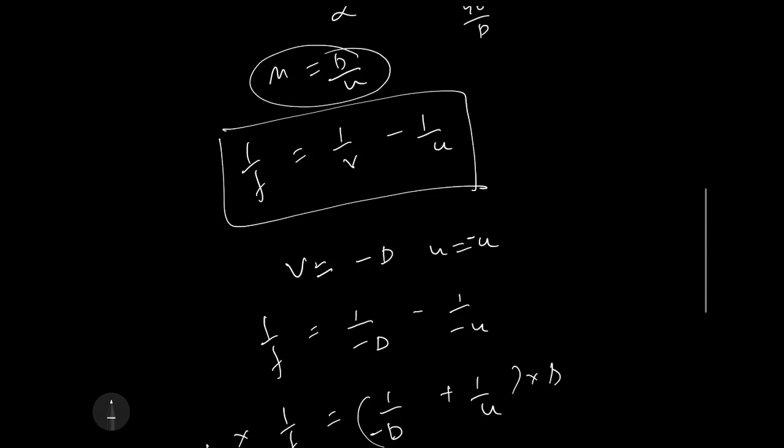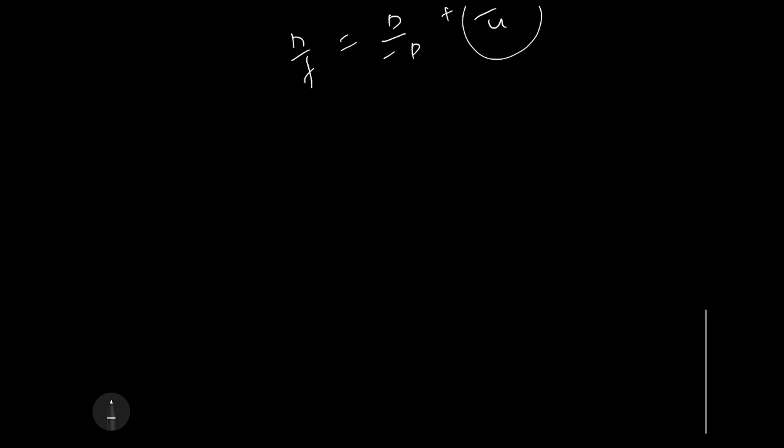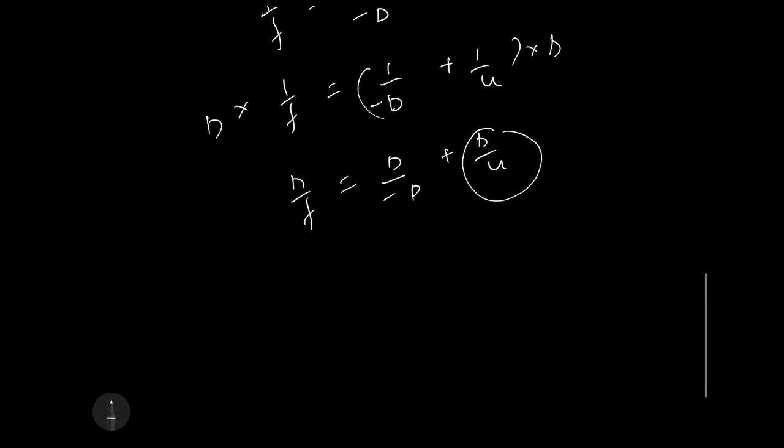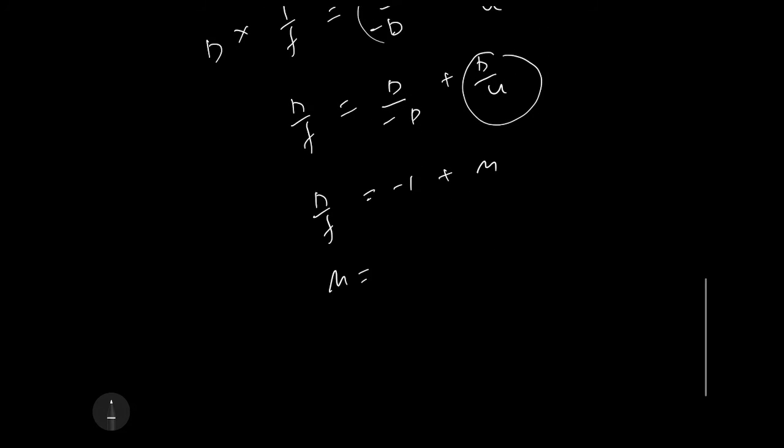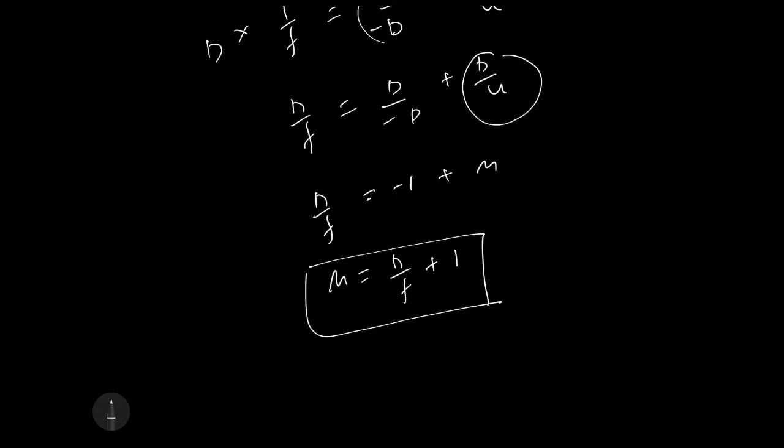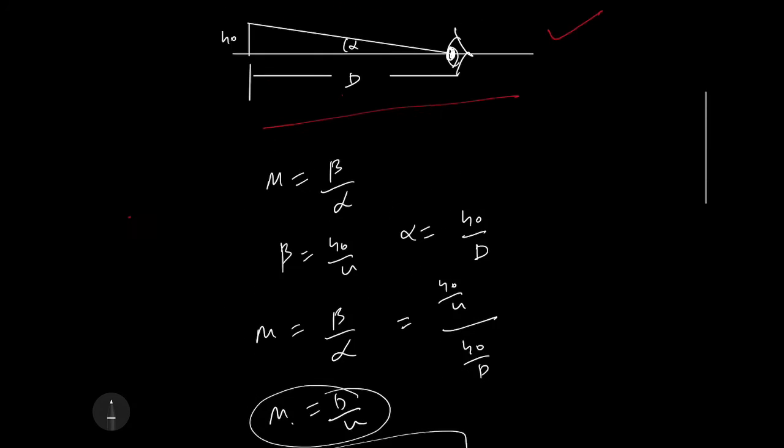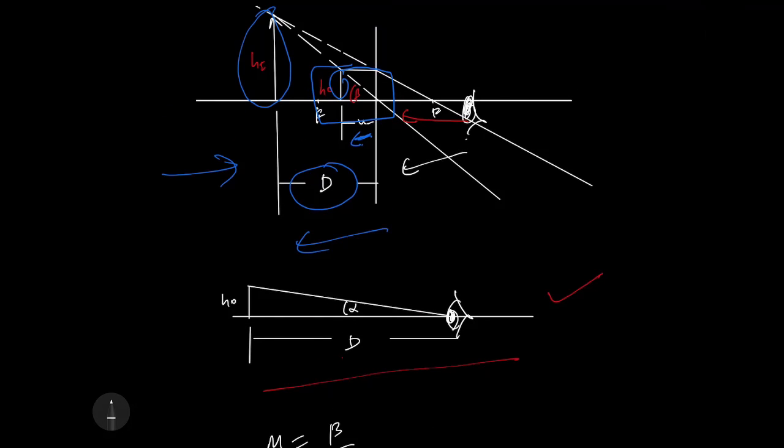But this d by u is our magnification m. So we have d by f equal to minus 1 plus m. So magnification is d by f plus 1. This is an expression for the magnifying power of a simple microscope when the final image is at the near point, as you see here.